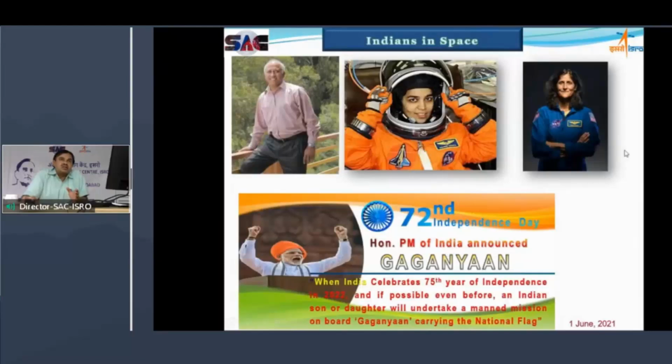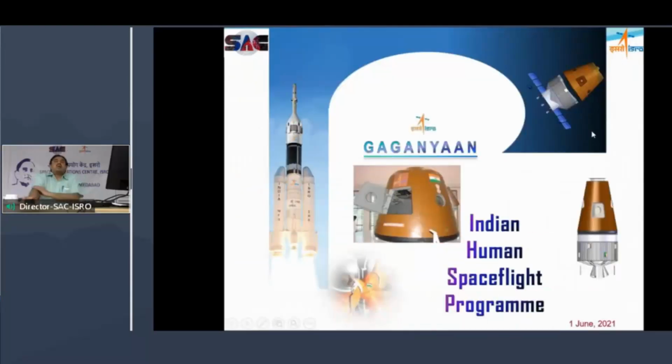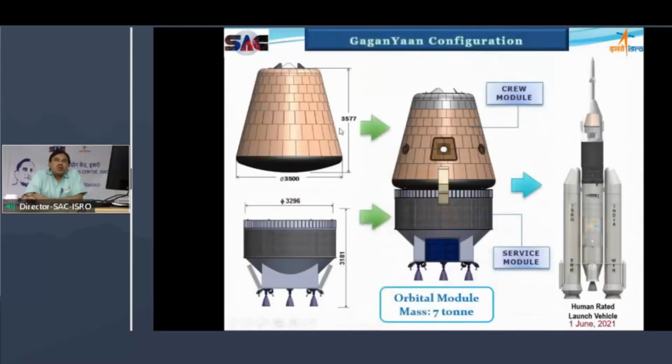And just lastly, 2 minutes I will take. Gaganyaan, all of you know, is going to be our own Indian human space flight program. We'll be putting a crew module which will contain astronauts, minimum 1, maximum 3. They will be housed inside this crew module, supported by a satellite-type orbital module, and together it will weigh around 7 tons.